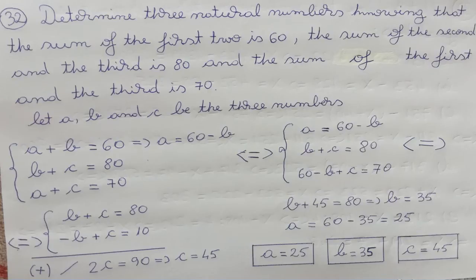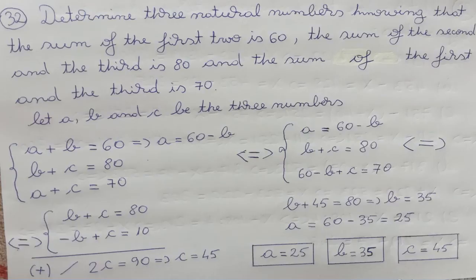From the first equation, we see that A is equal to 60 minus B. We substitute this in the third equation, so we have 60 minus B plus C equals 70. We now obtain a system of two equations with two variables, from which the reduction method can be applied directly.